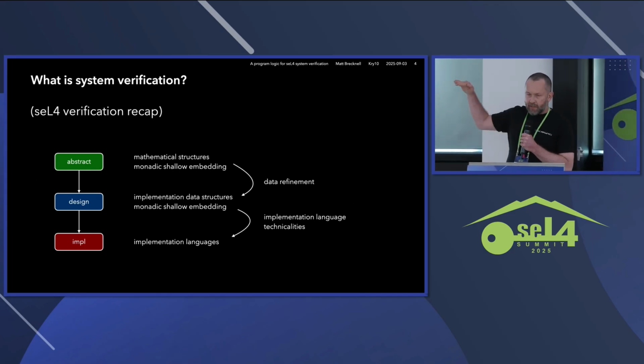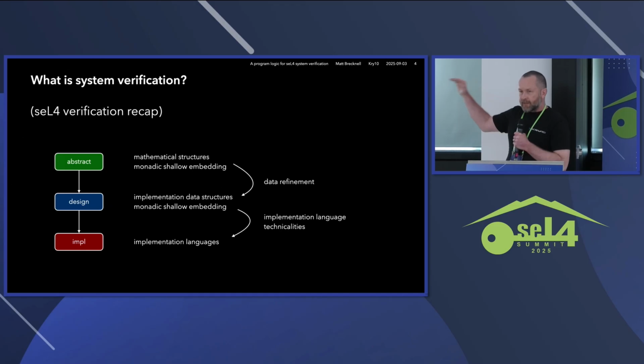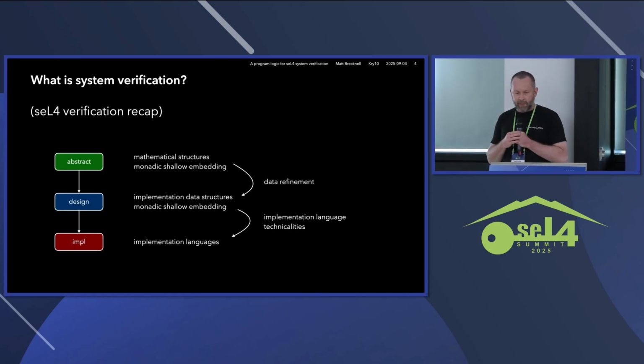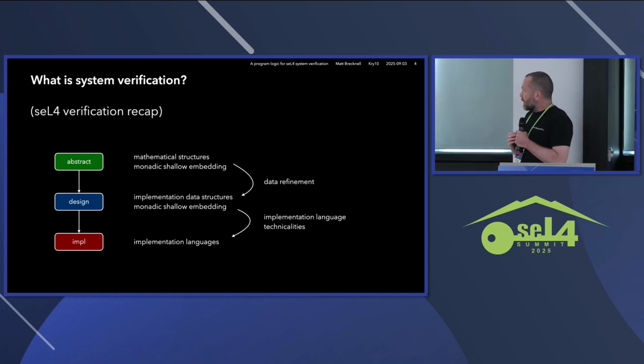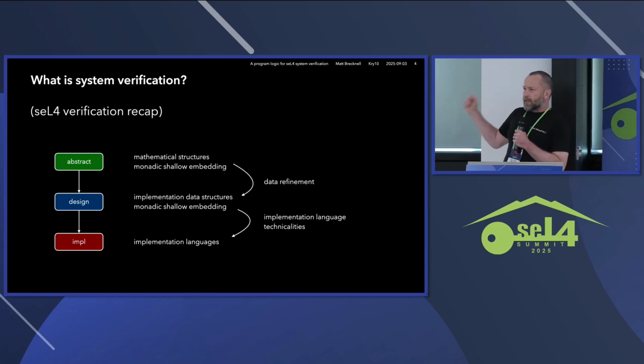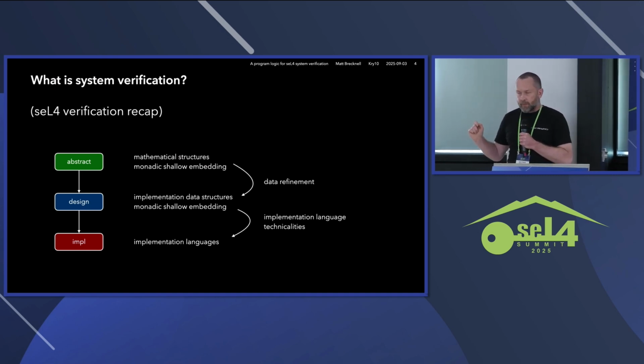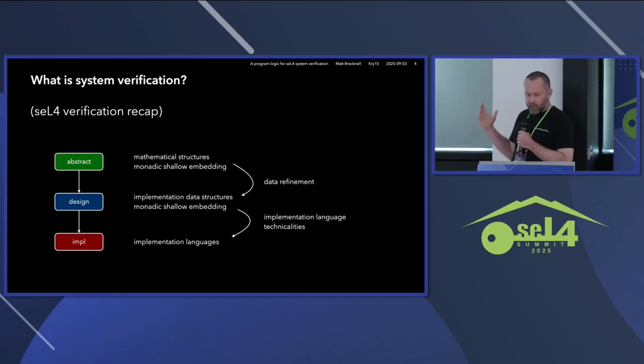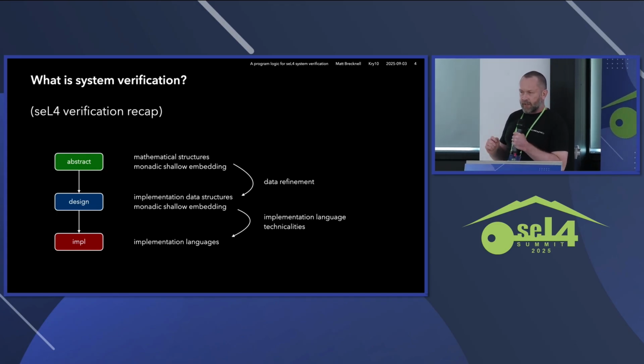Moving up to the design level, we have a specification that uses all the data structures of the implementation, but gets rid of all those annoying details of the implementation language. And going further up to the abstract specification, this still looks like a program, but it's using very abstract mathematical structures that kind of remove some of the details of the implementation data structures.